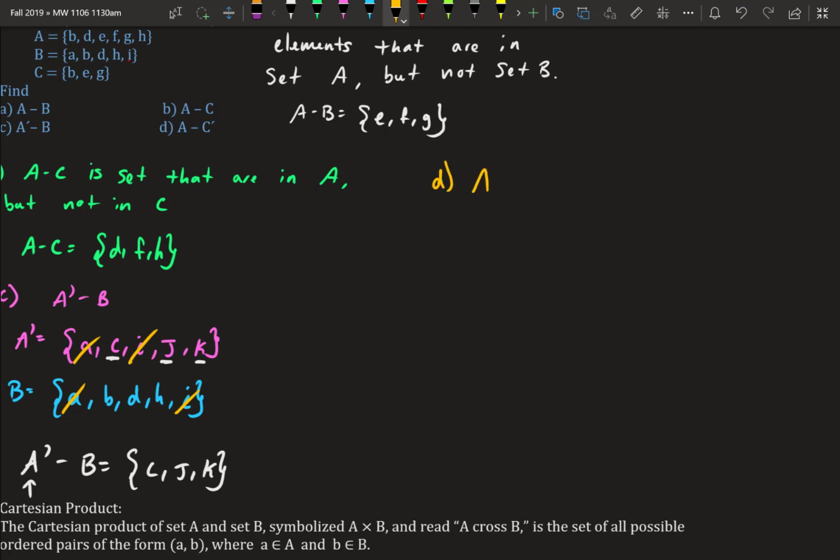All right, so part D, we want set A minus the complement of set C. So what it's asking is the set of elements that are in set A but not in set C. First things first, we always need to figure out what that complement is.